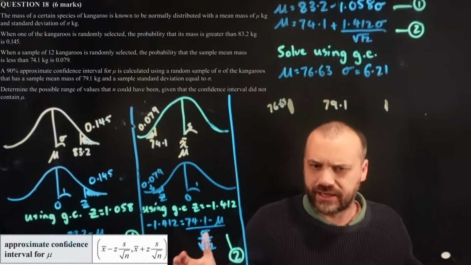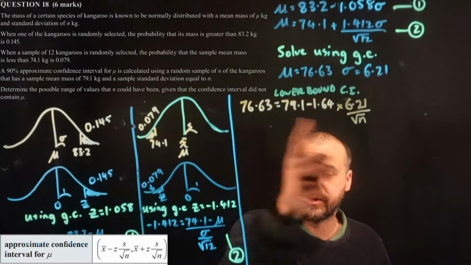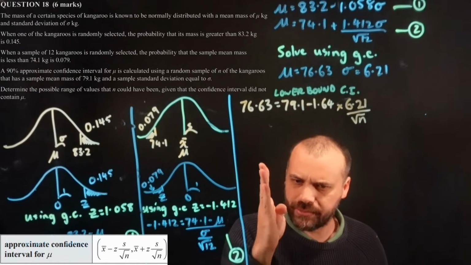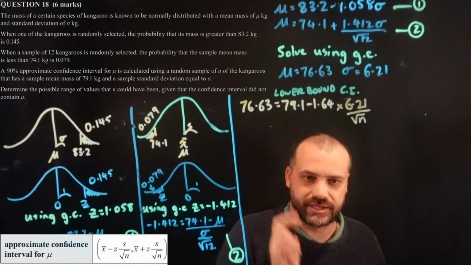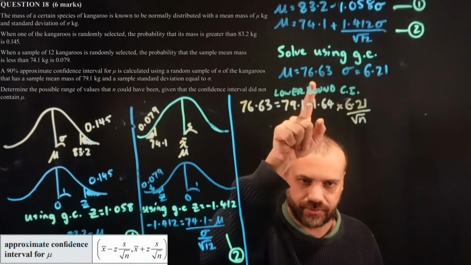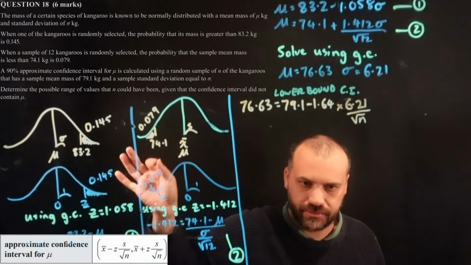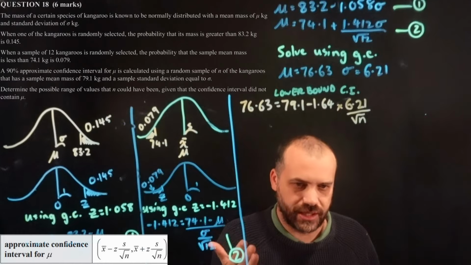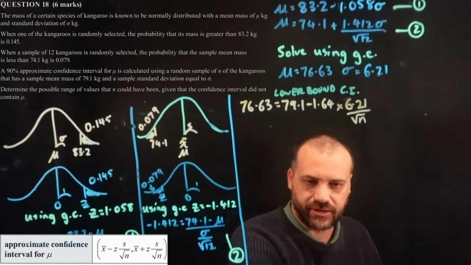Let's write that down as a formula. All right, here's my formula. I want the lower bound of the confidence interval to be exactly 76.63, because that's what our population mean is. And I'm wondering what n value I need for that. Let's go to our graphics calculator again.